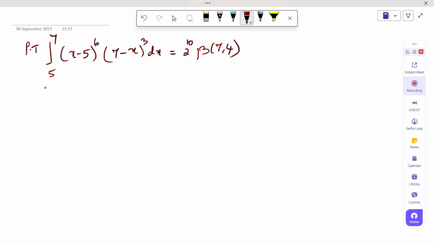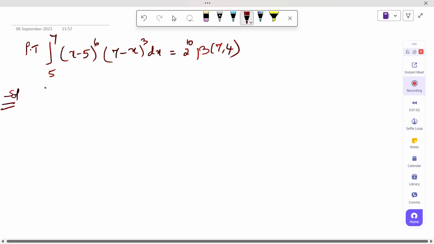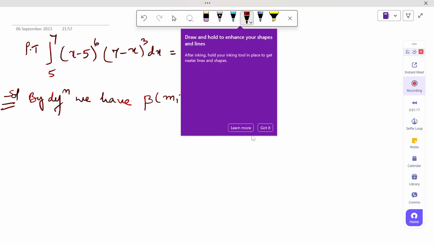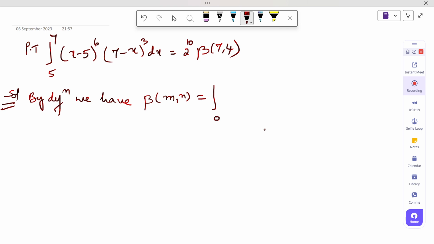So we know that, by definition, we have beta of m comma n is equal to the integral from 0 to 1 of x^(m minus 1) (1 minus x)^(n minus 1) dx.